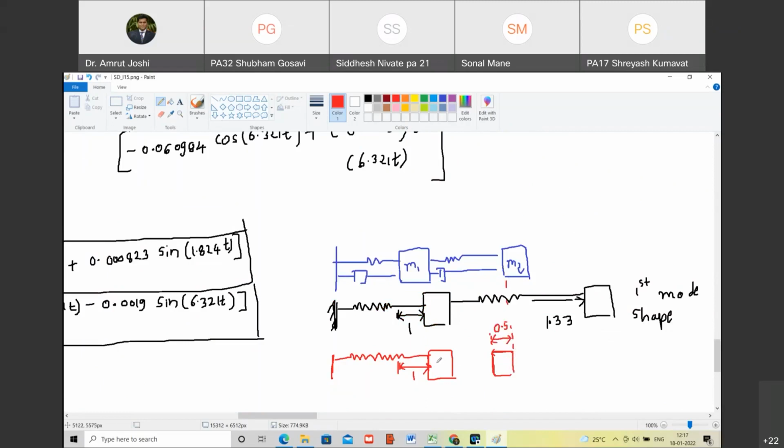Yes, sir. This is M1, this is M2, and this spring gets compressed. This is the second mode shape. So first mode shape is in sync motion. Happy? Yes, sir. Second mode shape is out of sync motion. Are you with me? Yes, sir.